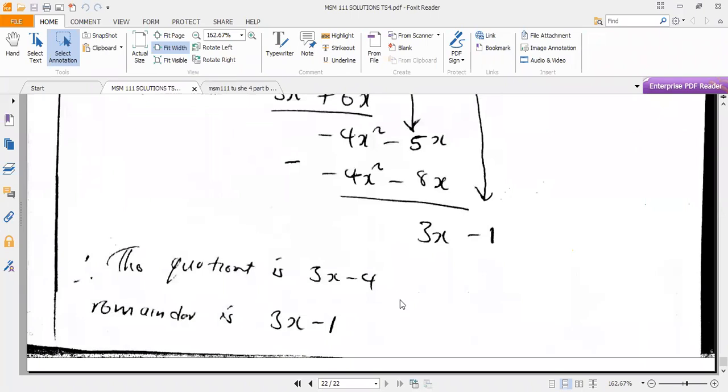Are we okay with this one? So how do you write the remainder in the equation, let's say if you are using synthetic division?